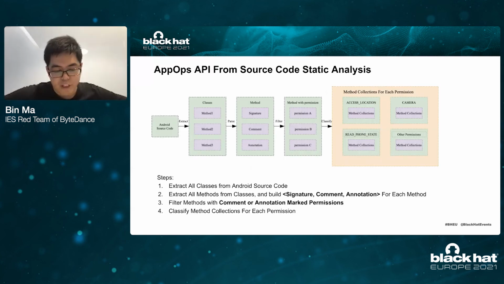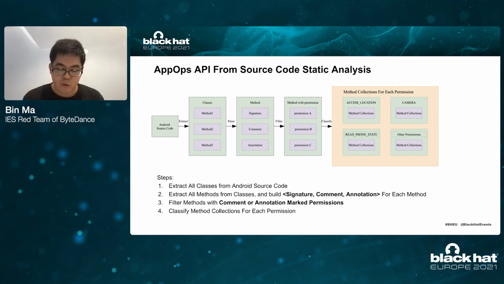First, we extract AppOps APIs from the Android source code. We found that most methods use annotations to mark the required permission, while some others are declared in code comments. Our method works as follows.